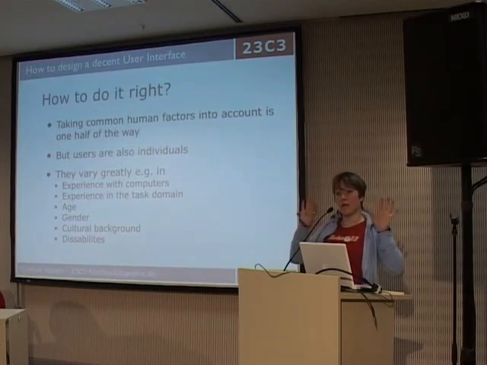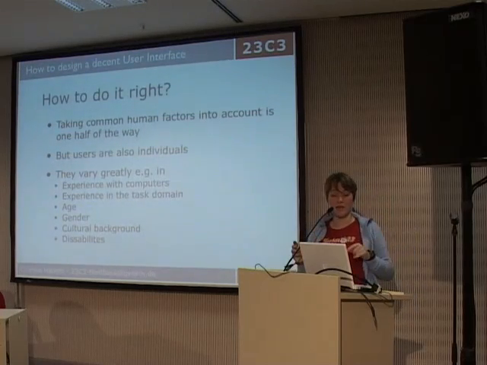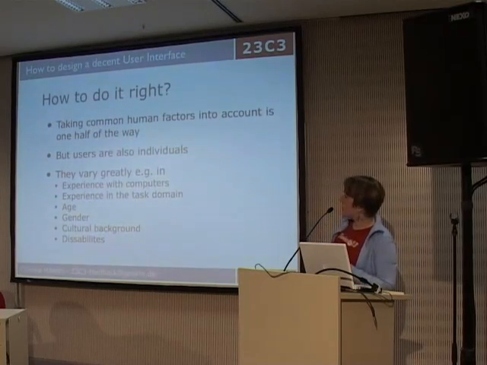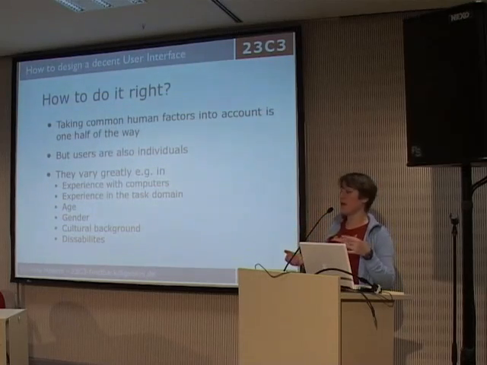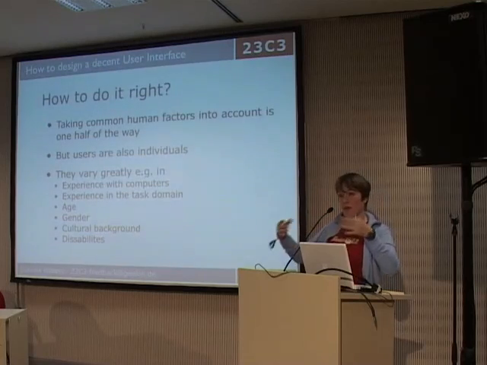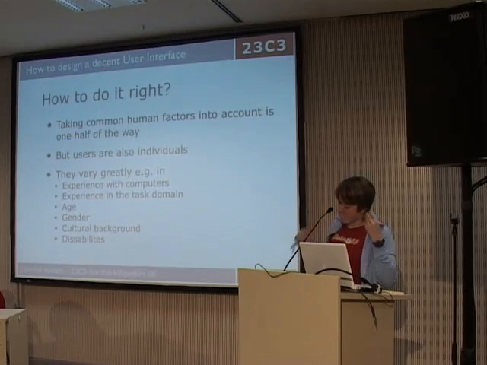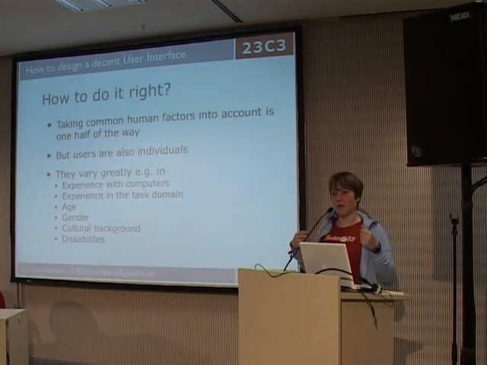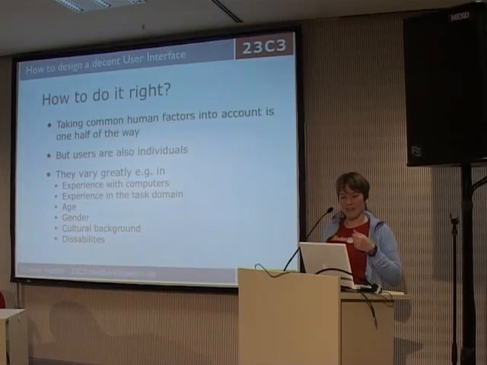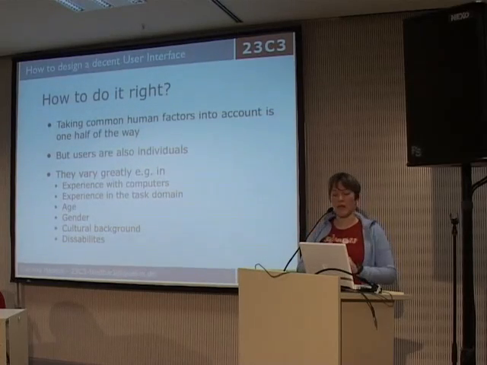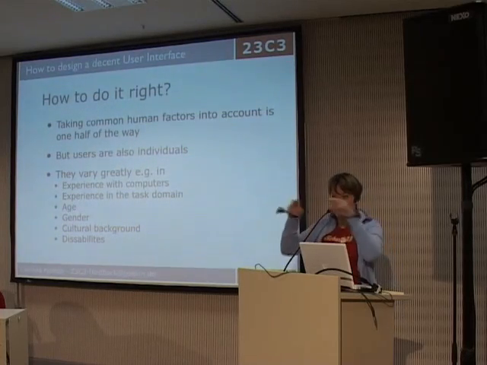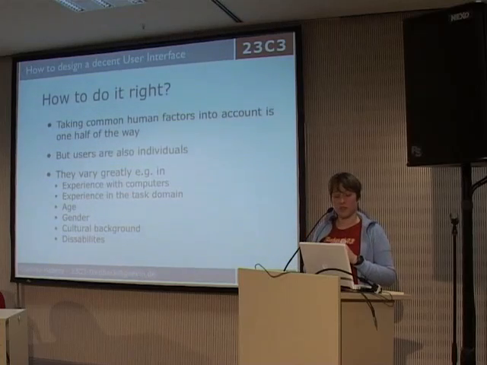So now we're done with the users as humans part. And if you take the common human factors into account, then we're already half of the way. But still, we are all individuals. We vary greatly in our experience with computers, in our experience in the task domain, in our age, gender. We have different cultural backgrounds.